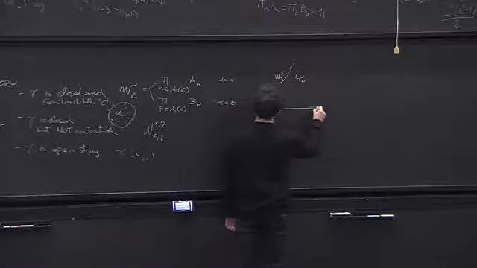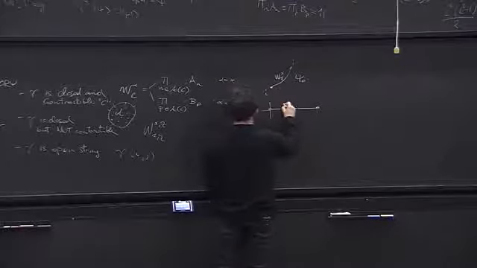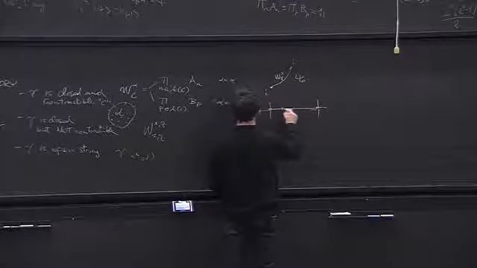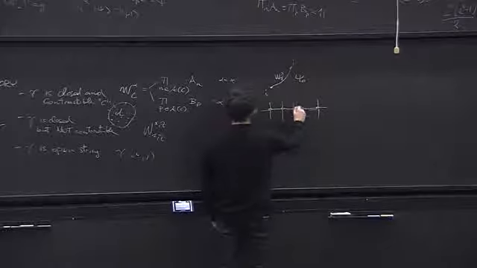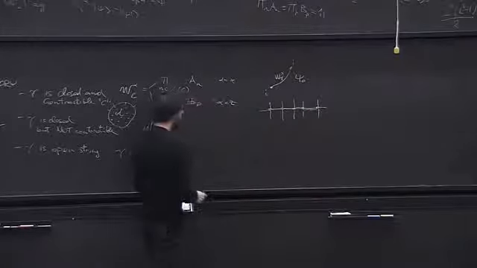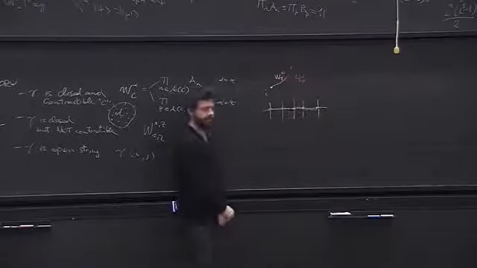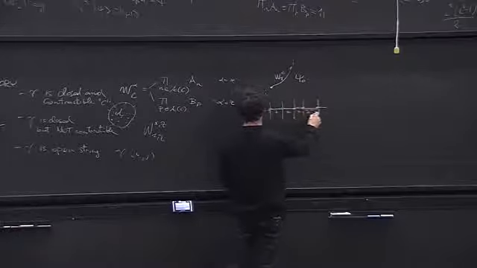Let me make it straight, just for the sake of simplicity. You see all the star operators that are inside the curve. So, sorry, let me use Z. So here I have Z, Z, Z, Z.